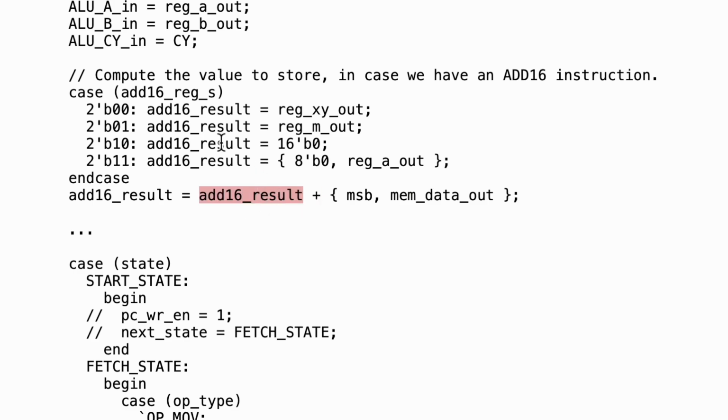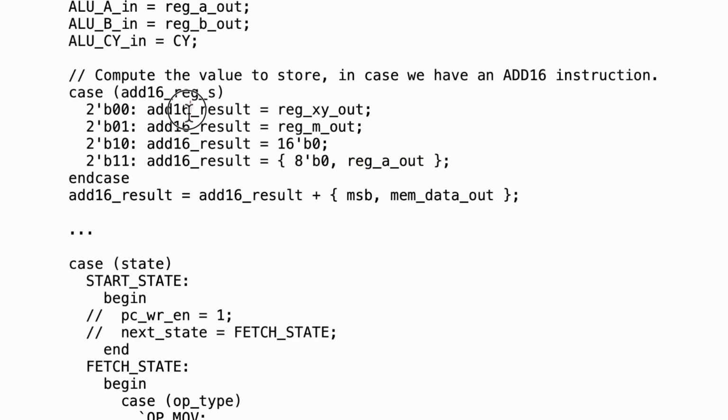But what's it added to? Well, we take a look at the 2-bit field that's coming out of the instruction that determines the source, and that can either be the previous value of the XY register or the M register, or it can be 0, or it can be a 16-bit value that's made from the current value of the A register, 0 extended to be 16 bits in total.